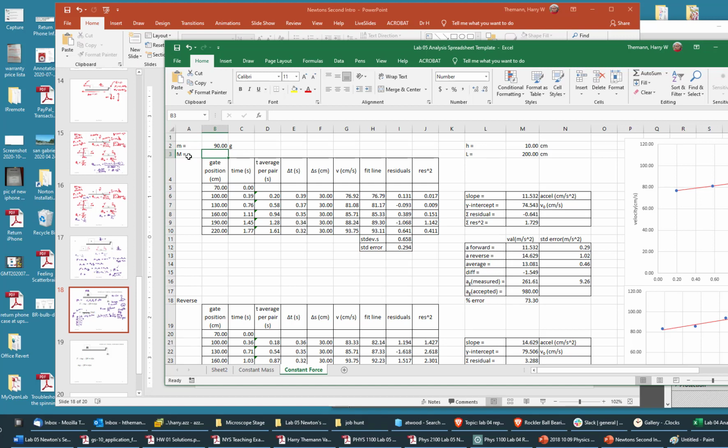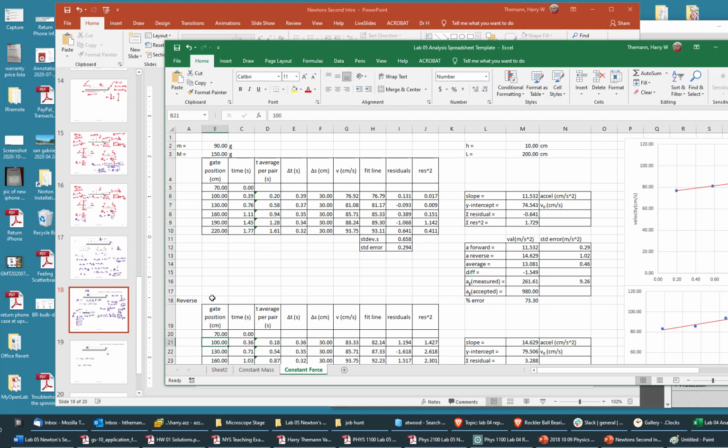And we have to get the mass of the sled too, don't forget. I forgot that. So let's say this is 150 for this particular run, in grams. And this is the same each time, and then we'll get 4 different runs, so we'll be able to just copy paste.